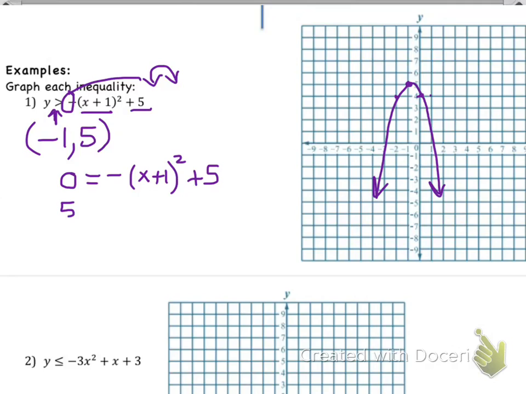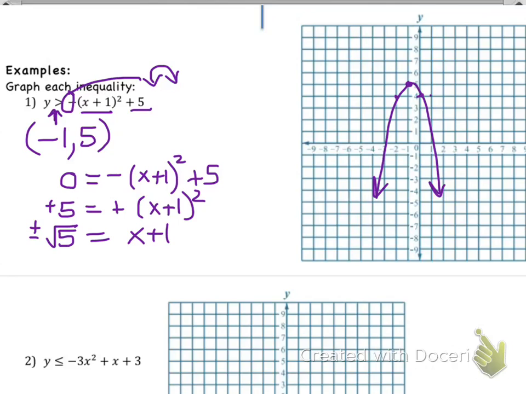Subtract 5 over, and I get negative (x plus 1) squared equals negative 5. Divide both sides by a negative, and then I want to take the square root of both sides. So I have plus or minus the square root of 5 equals x plus 1.